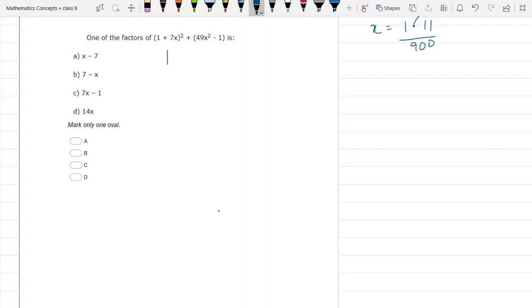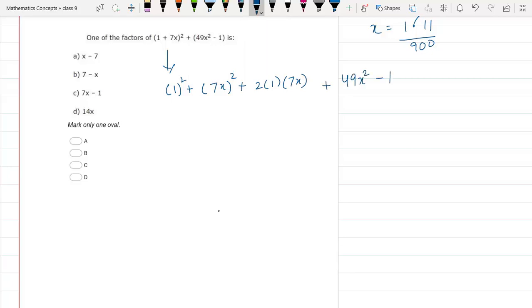First of all, this is a whole square, and we know the whole square formula: (a plus b) whole square is a square plus 2ab plus b square. So let's open it. a square plus b square plus 2ab plus, next is simple bracket, open it like this.